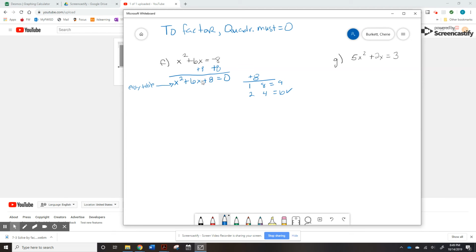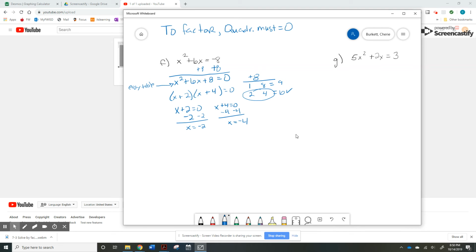This is what I'm looking for. So this is the pair. x plus 2, x plus 4. Set them both equal to 0 and solve each one of them. x is equal to negative 2, x is equal to negative 4.